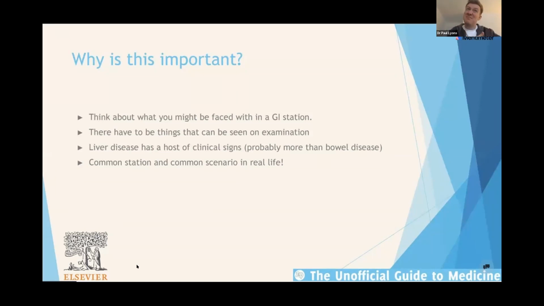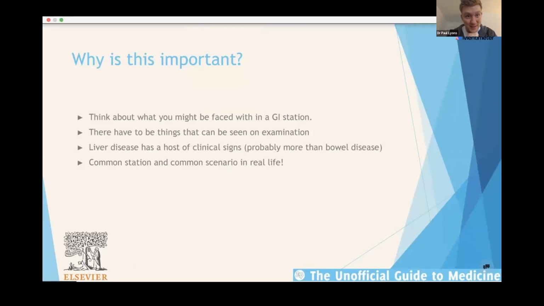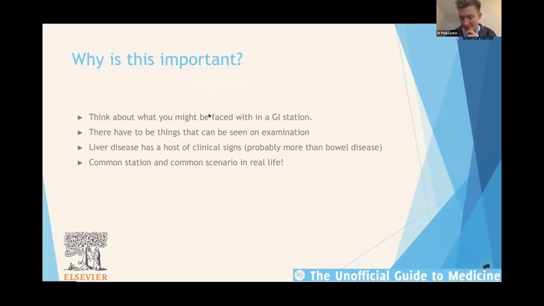Inflammatory bowel disease gives you some clinical signs sometimes, but not really as much. Liver disease gives you a whole plethora of things. So if I was setting an OSCE station for GI, gastromedicine, I would think more along the liver side than the IBD side. So it's common, and you need to know what to do about it. And some people get themselves all in a tizzy about it, so hopefully by the end of today that won't be happening.